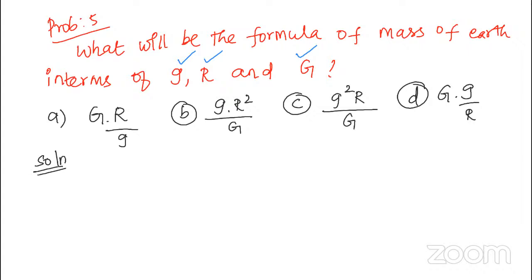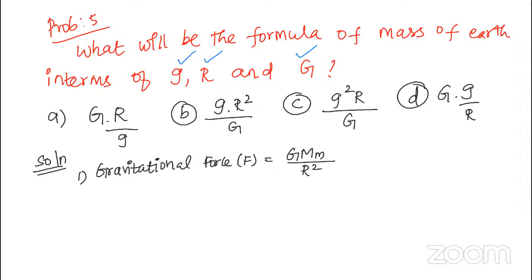Write down the formulas for gravitational force. First one, gravitational force F is equal to GMm by R square. Then what is the relation between g and F? F is equal to m into g. So this is also another formula.